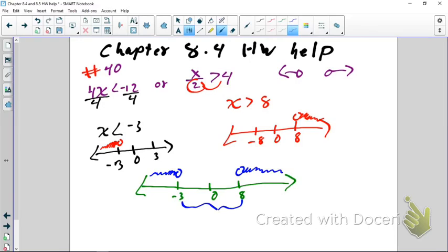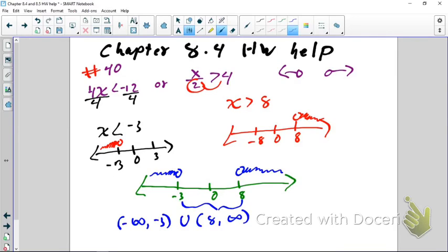So the way that we represent this is through the interval from negative infinity, comma, to negative 3, parentheses. And then we're going to say that it's going to be the union of the next set, which will be open parentheses 8 comma to positive infinity.